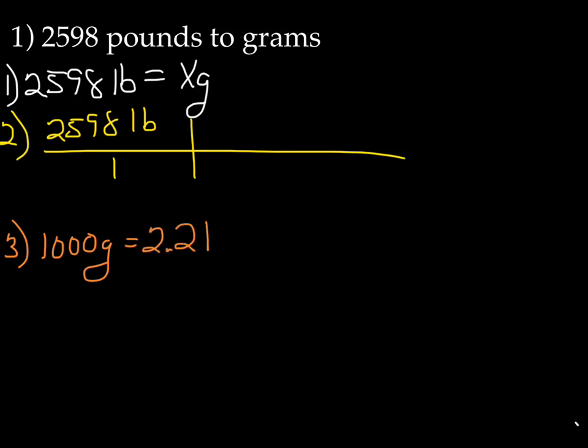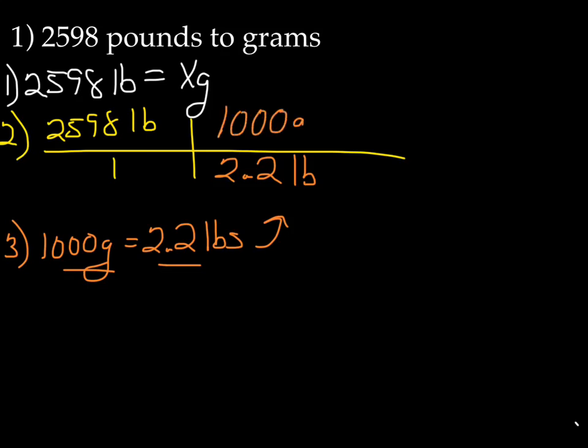2.2 pounds. Okay. Now these 2 numbers need to go into my conversion table, and I pick which one goes on the bottom by whatever's on the top for the given. So 2.2 pounds on the bottom. So the top is going to have 1,000 grams. Okay, to make sure I did this right, I'm going to double check.